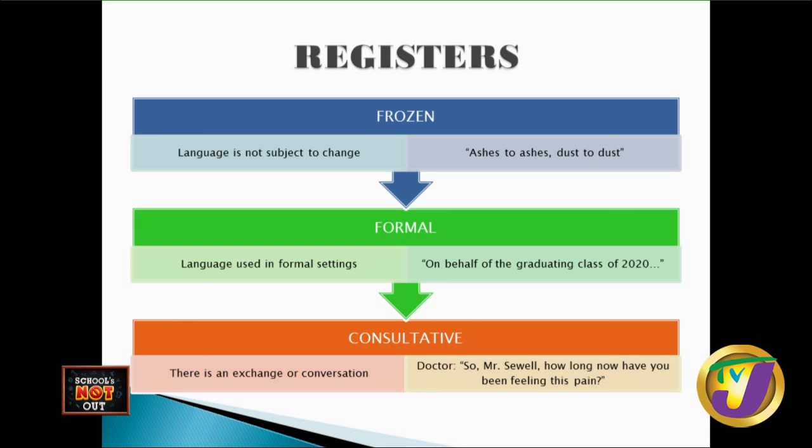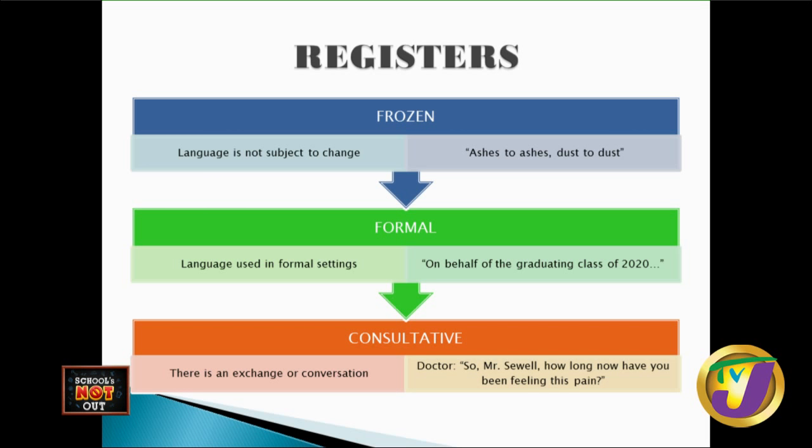Another register, or the one below, is formal register. And this is where language is used in formal settings. And sometimes your audience is made up of strangers, but we know when we talk about formality, we are talking about persons addressing a group.